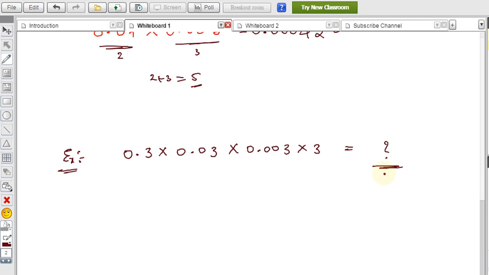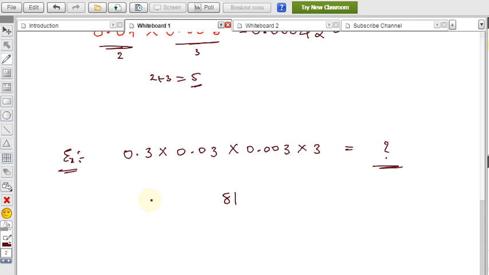If you neglect the point, the value of each is 3. Just neglect the point and do normal multiplication. 3 into 3 is 9, 9 into 3 is 27, 27 into 3 is 81.